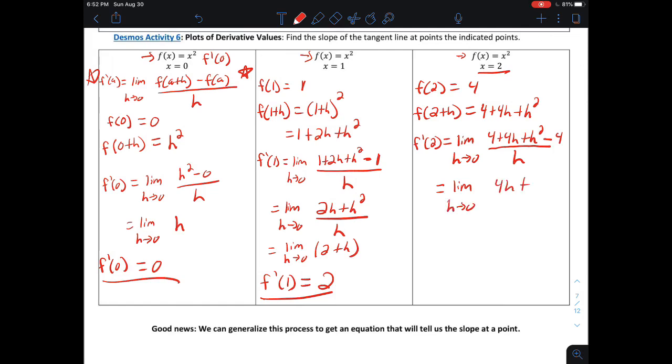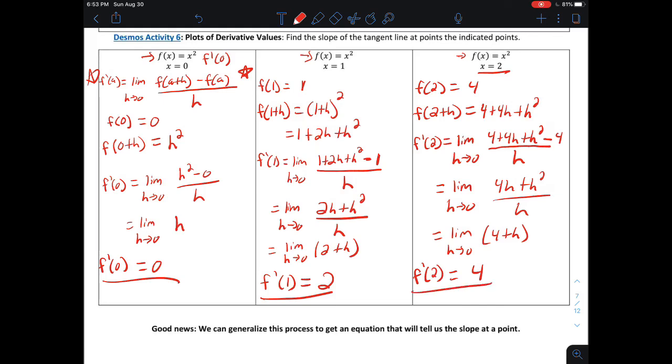So that'd be 4h plus h squared over h, and that would simplify to the limit as h approaches 0 of 4 plus h, and that's going to give me just 4, which would be the slope of my tangent line at 2, or f prime of 2.